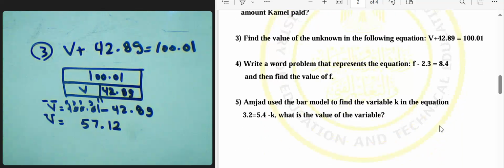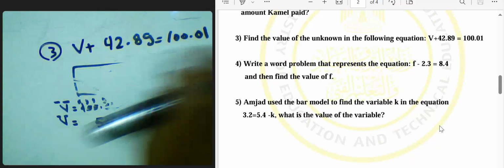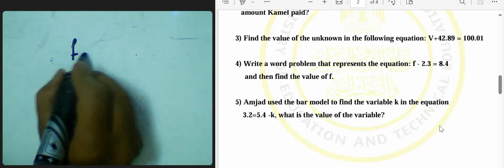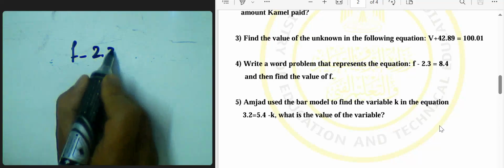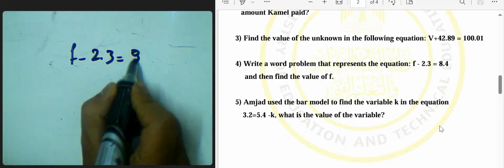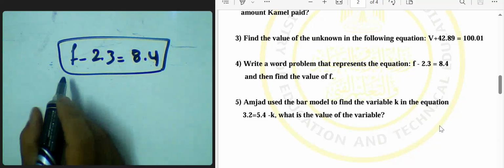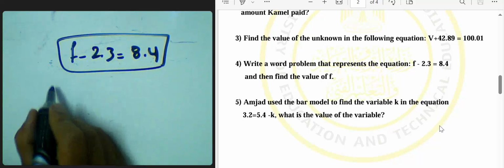Question number 4. Write a word problem that represents this equation. F subtract 2.3 equals 8.4. Then find the value of f. We can write a word problem.